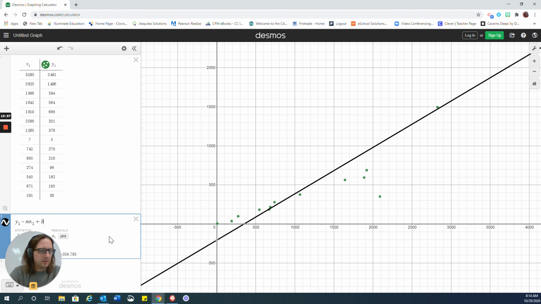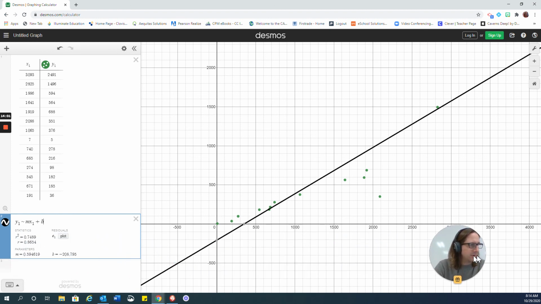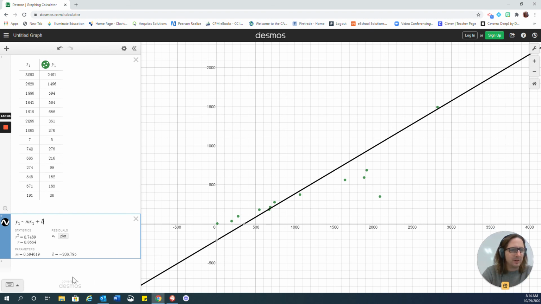So here's my line of best fit. It has calculated out for me a beautiful line of best fit here. It tells me that my slope should be 0.594619 and that my y-intercept should be negative 208.795.